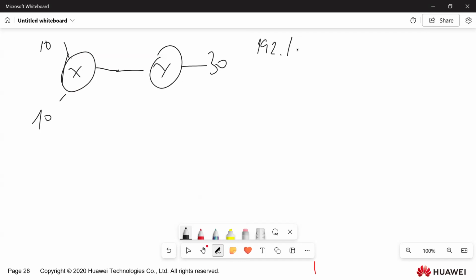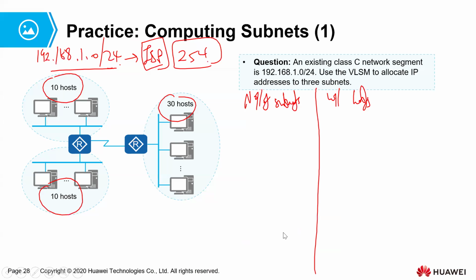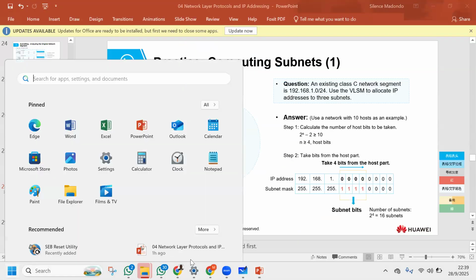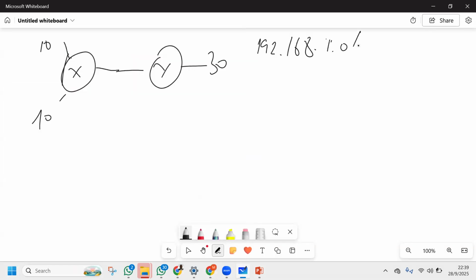My IP address is 192.168.10.0, I think. Let me just confirm. It's .1.0. All right, it's .1.0/24. Right. So I was saying the table that I'm going to be using to subnet is the number of subnets, then the number of hosts, then the prefix length.